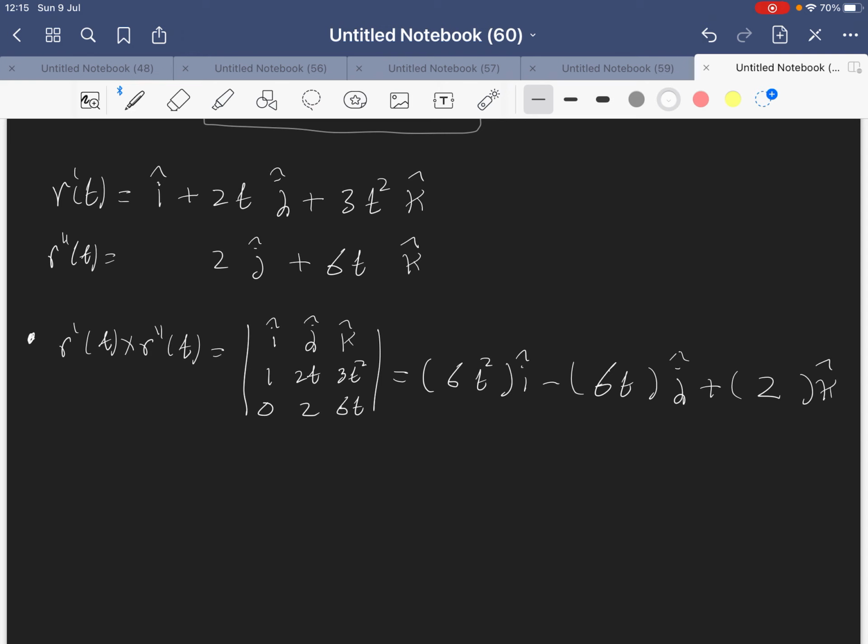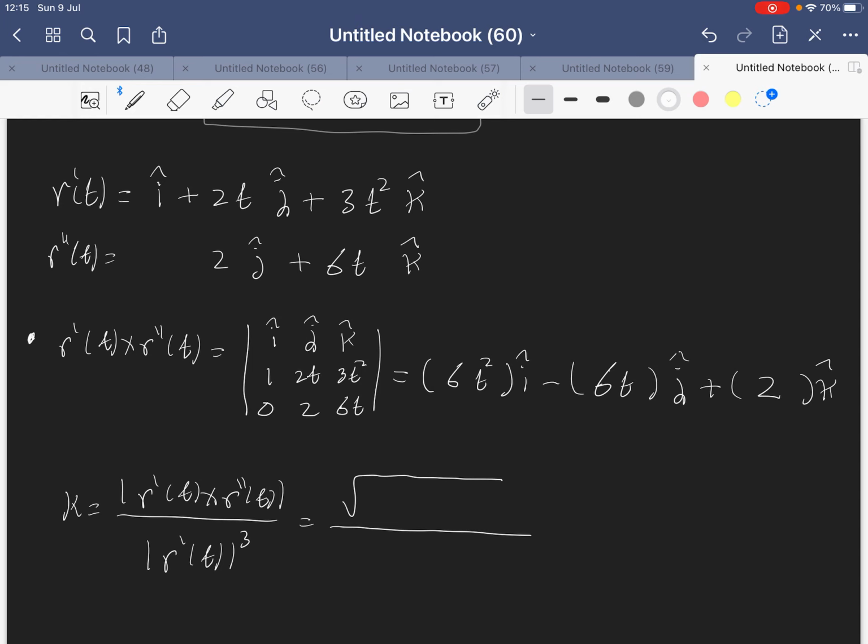Of course, if we want to find the curvature k, we just need to find the magnitude of the cross product that we just found over the magnitude of the derivative to the power of 3. So the magnitude for the cross product, remember, we just have to put everything inside the square root.